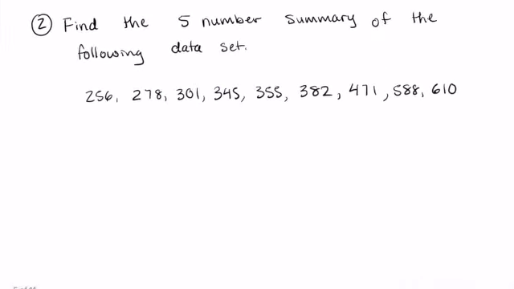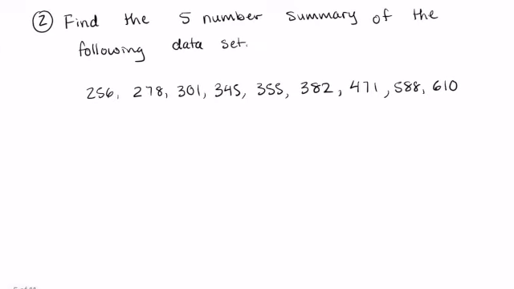Let's try one more. And obviously these numbers are a bit bigger, but it's not going to change the way that we solve for these at all. So I want to make sure that my data set is in order from least to greatest, and it is. So once I have that, I can find my minimum. I can find my maximum, the greatest number, and then we can find Q1, I can find my median, and I can find Q3.